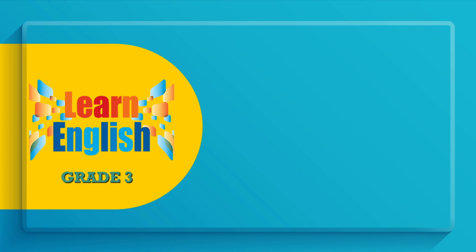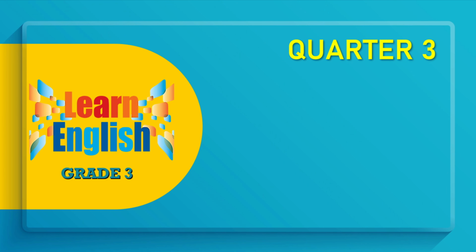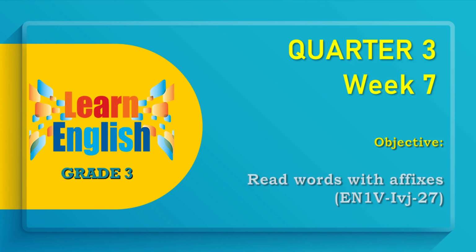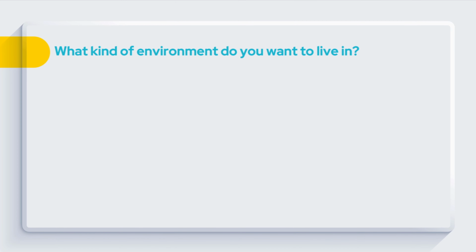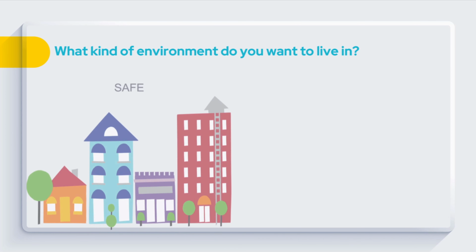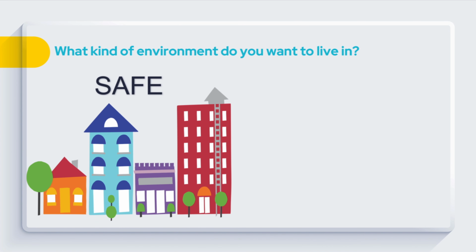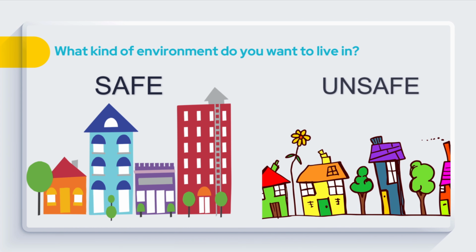We are in English 3, Quarter 3, Week 7, and our objective is to read words with affixes. What kind of environment do you want to live in? Are you living in a safe environment or unsafe environment?